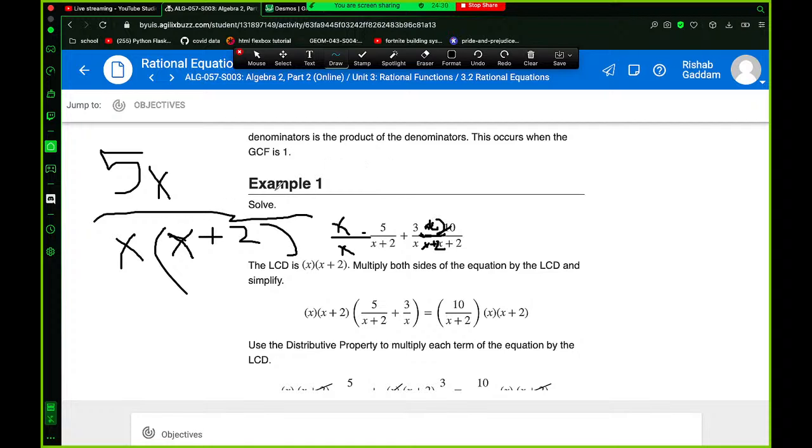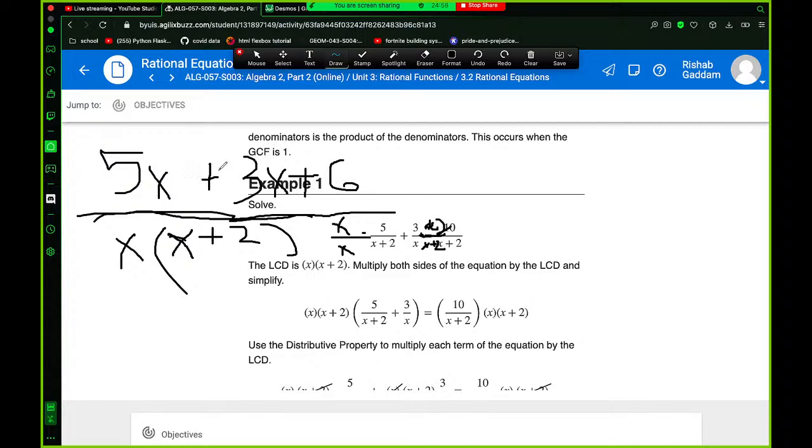Okay, so this is a common denominator, so it's common for both fractions, so we can just have the same denominator for both of the fractions. And we can add plus 3 times x plus 2 on top, and that's just going to be 3x plus 6.